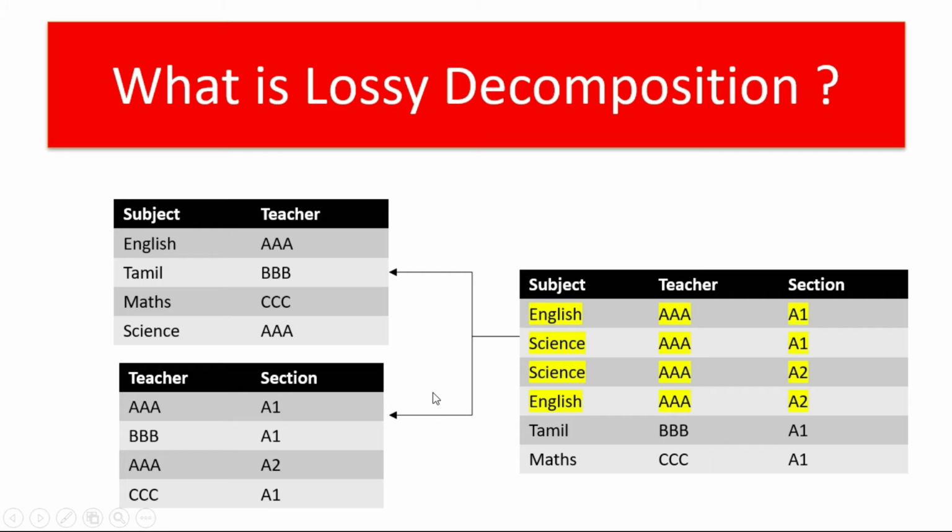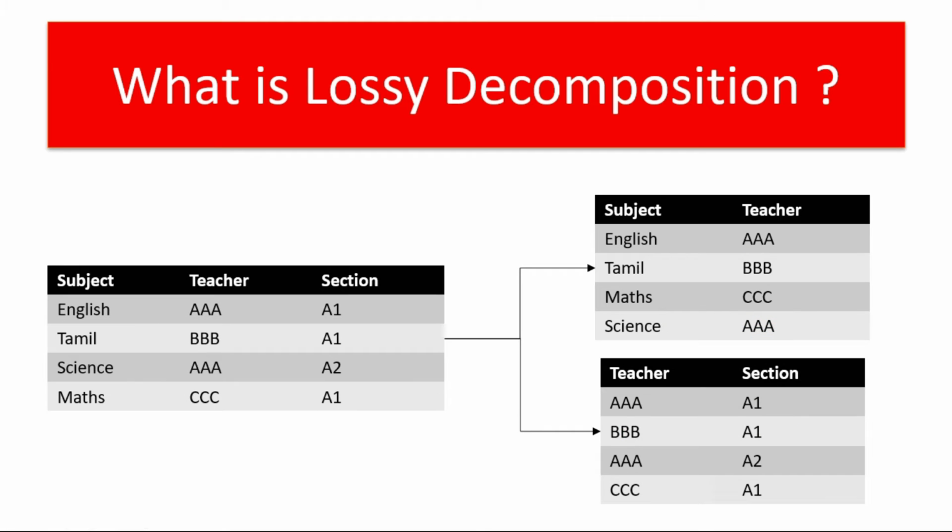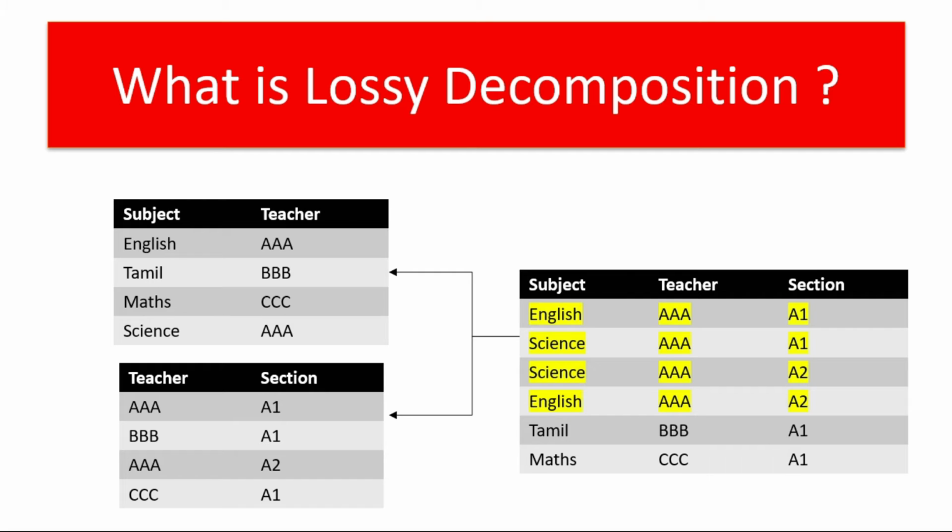After decomposing this single table into two tables, when we try to combine them using a join query, since the data of which section AAA handles English for is lost, and which section AAA handles science for is lost, the join query automatically creates all combinations of data, so that teacher AAA handles English for A1, science for A1.